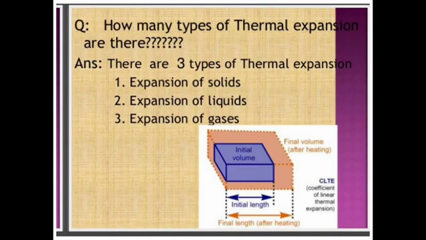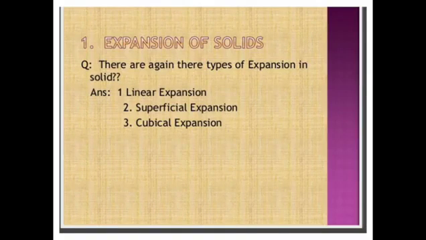There are three types of thermal expansion: expansion of solids, expansion of liquids and expansion of gases. Now let us see expansion of solids. There are again three types of expansion of solids: linear expansion, superficial expansion and cubical expansion. Next class we will be learning about these three types of expansion.